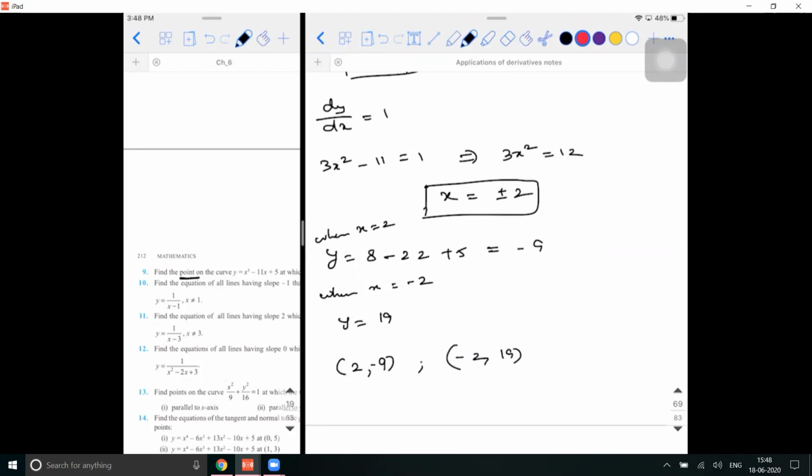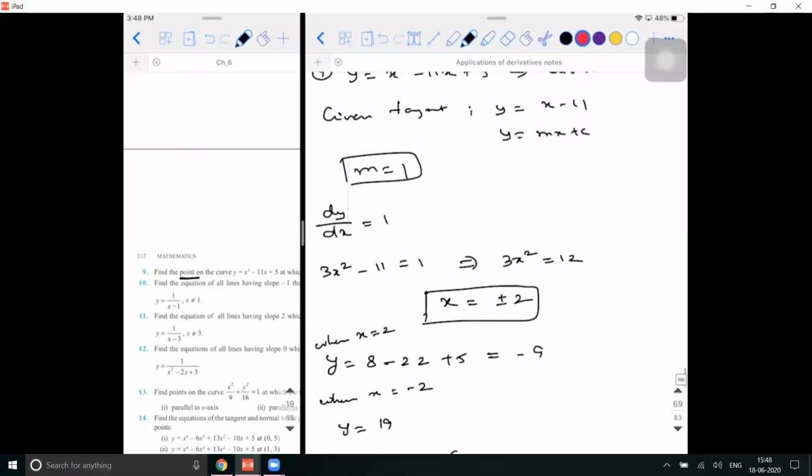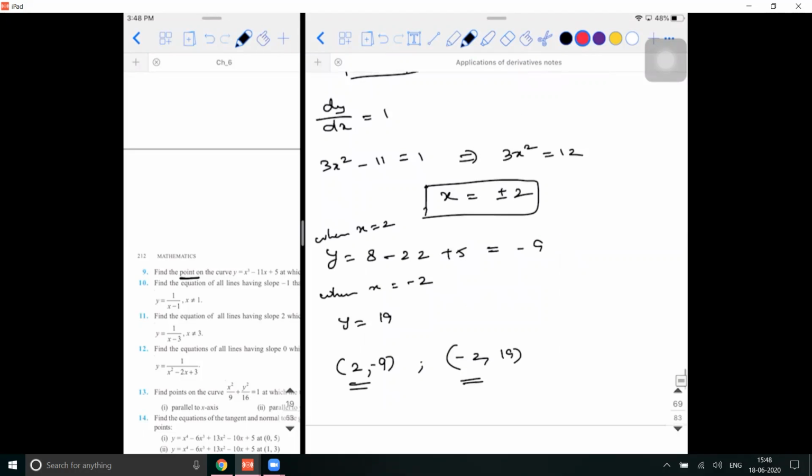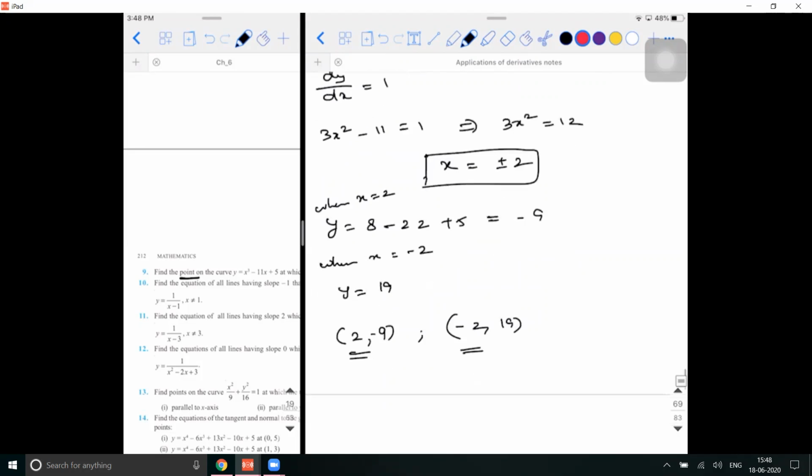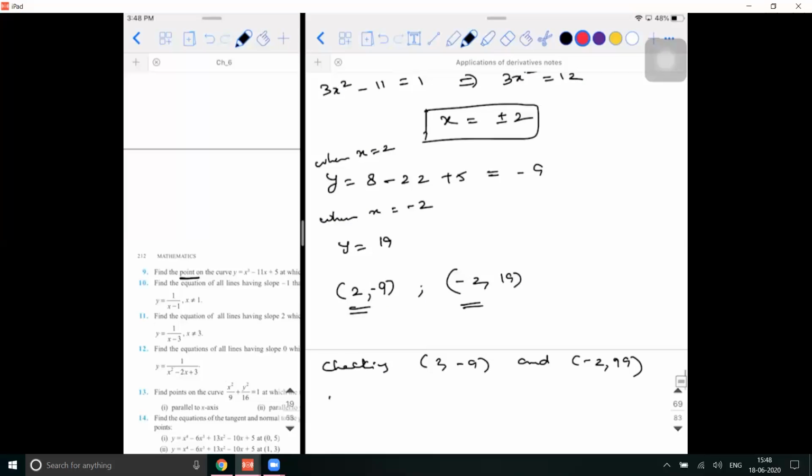So 2, minus 9 and minus 2, 19 should also satisfy the equation of the tangent. Because if there are 2 points, you will be able to draw 2 tangents. But there is only 1 tangent that is given. So checking, 2, minus 9 satisfies, and we check minus 2, 19 in the equation.